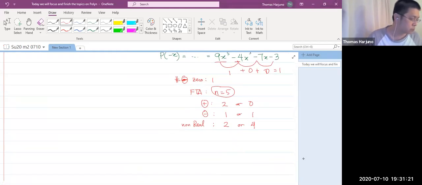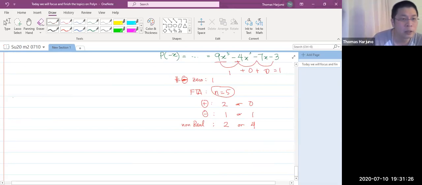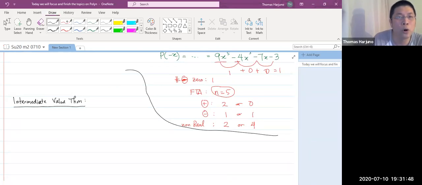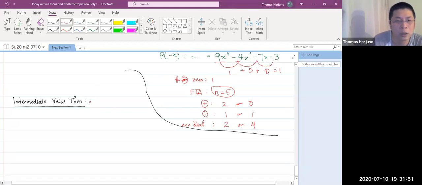Next one, the one that is easy, okay, intermediate value theorem. Let me do it here. Intermediate value theorem. Intermediate value theorem is a theorem that applies to all continuous functions, not only polynomials.